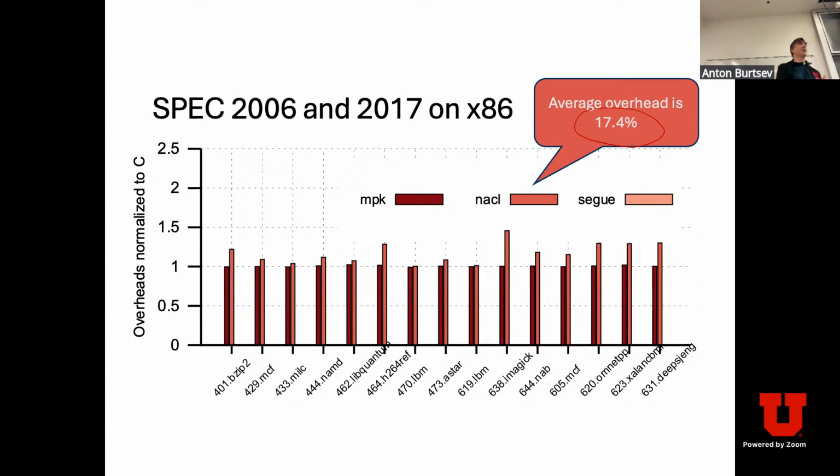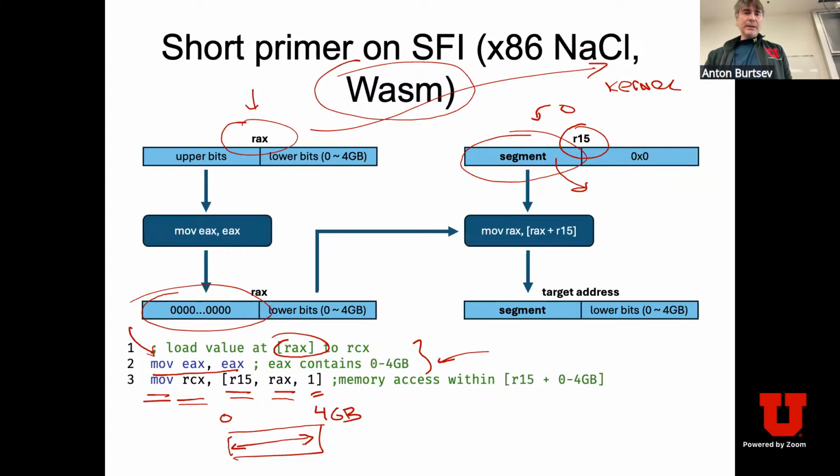Good. On SFI, software fault isolation question. The lower bits. Yeah, you structure your address space so that, say, process number 1 starts at 0 and can go up to 4 GB.